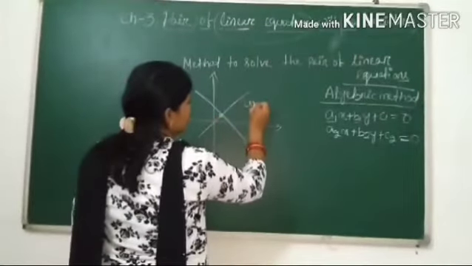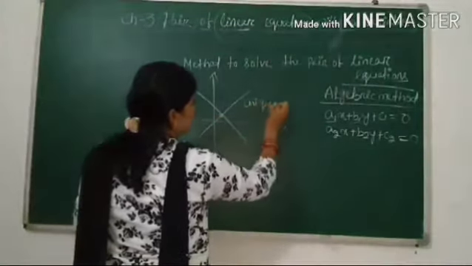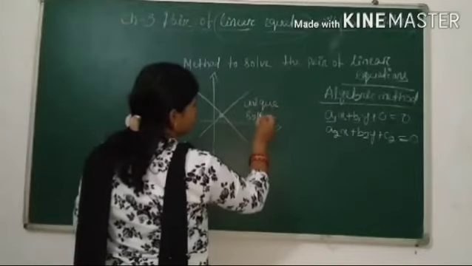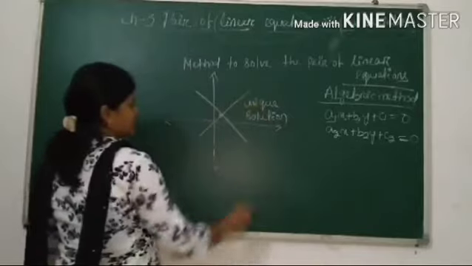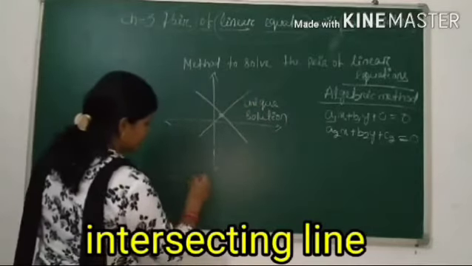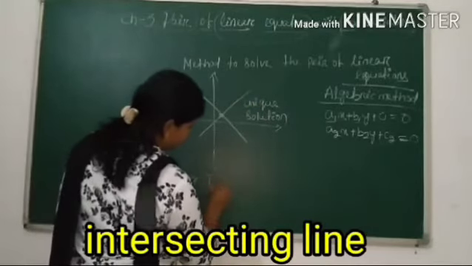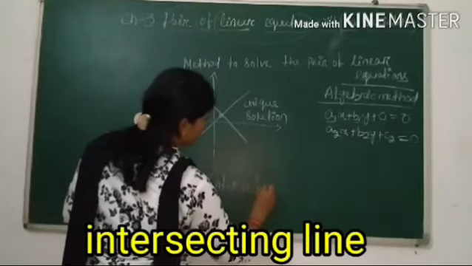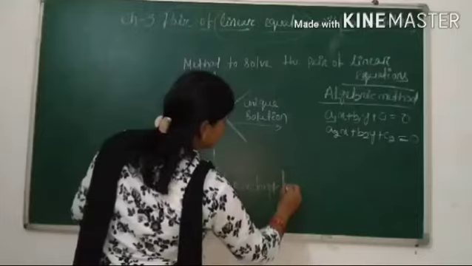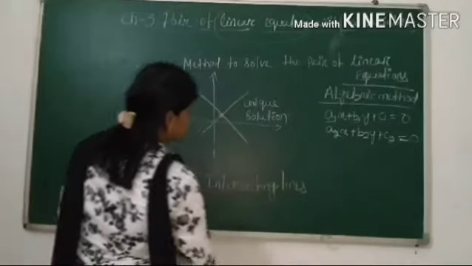Which means a unique solution is possible. And these two lines are called intersecting lines.